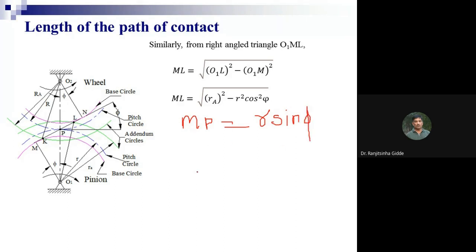Okay, then you can write next, length of path of recess, that is PL is equal to ML minus MP. So I forgot to insert the value of MP there on the slide. Already we have written.